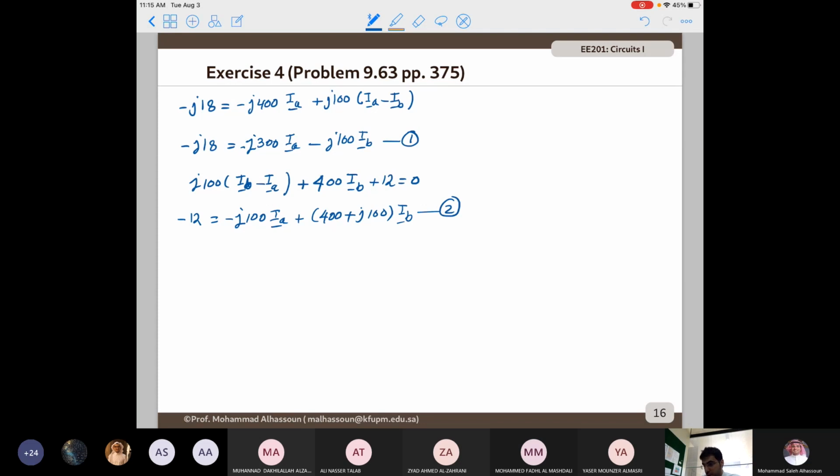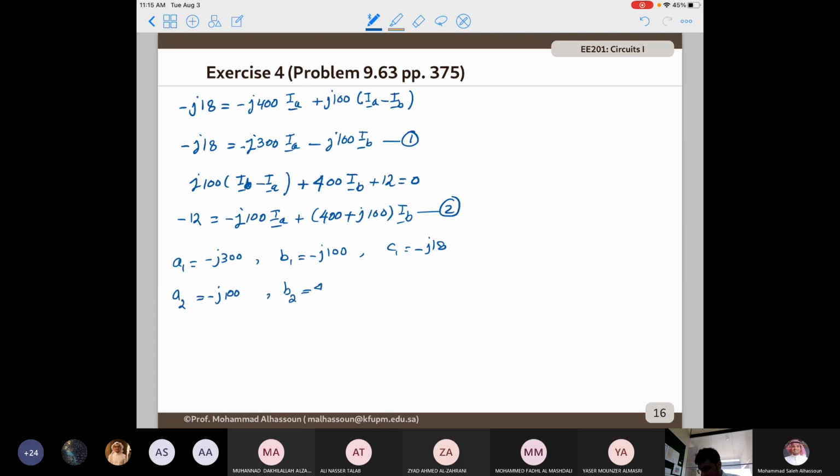So now I have two equations, two unknowns. Let me write down. A1 is J300. B1 is minus J100. C1 is minus J18. A2 is minus J100.